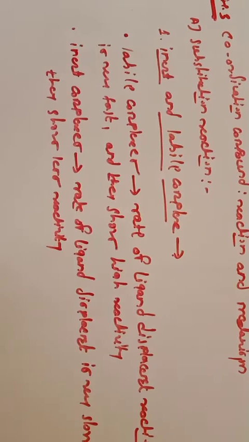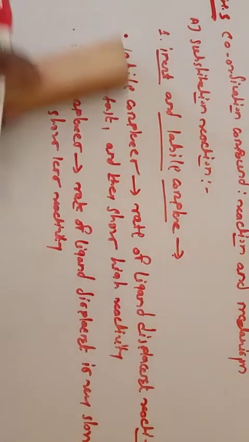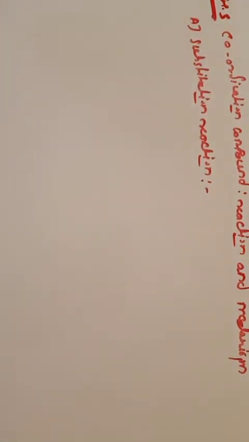The first one is lability and inertness on the basis of VBT, that is valence bond theory. So how can one predict whether a complex is labile or inert?